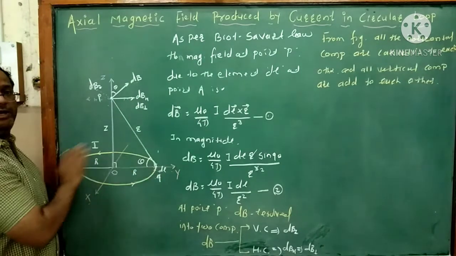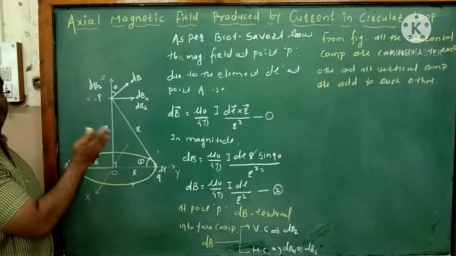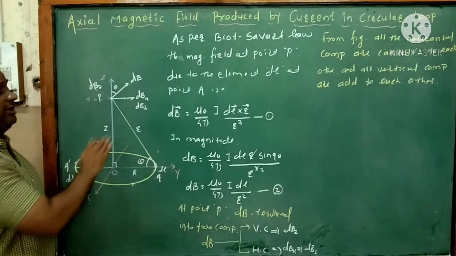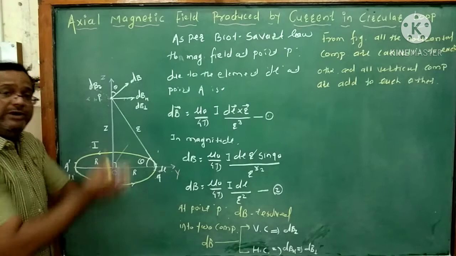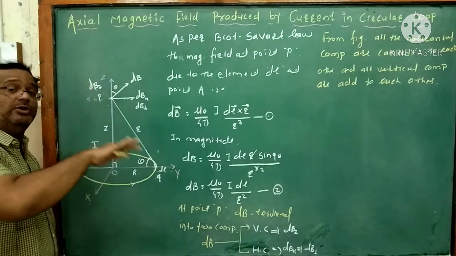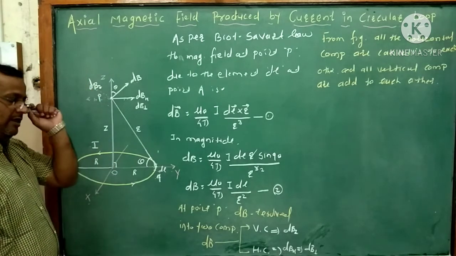If you take the diametrically opposite elements, then all the horizontal components are cancelled to each other, and all the vertical components are added to each other, right?